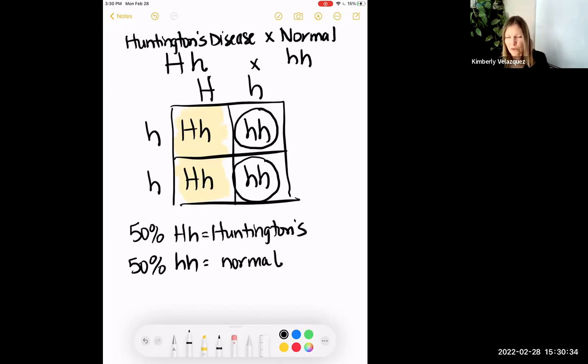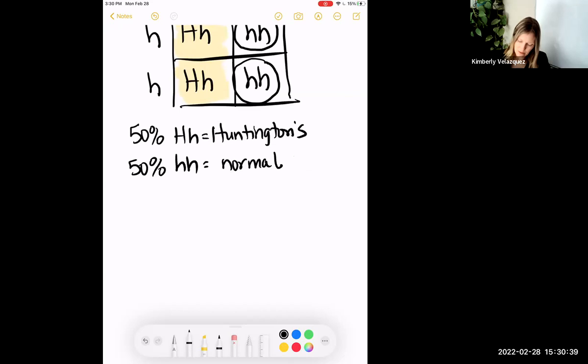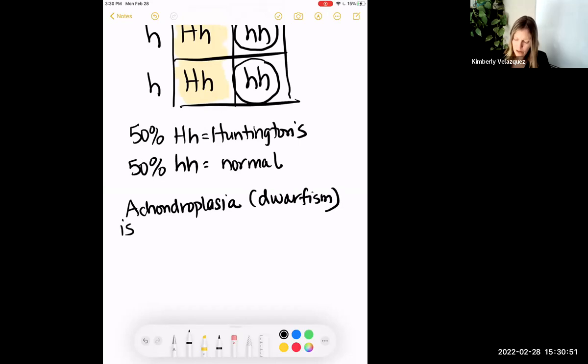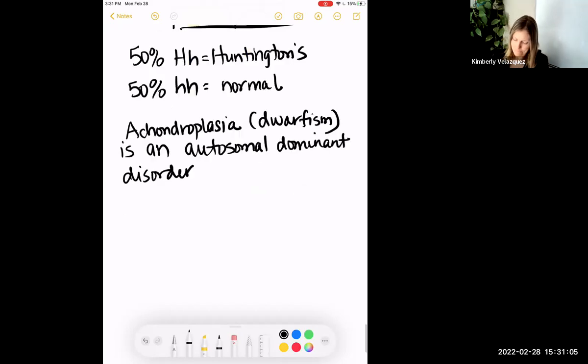Let's do another cross with an autosomal dominant disorder. Achondroplasia, sometimes called dwarfism, is an autosomal dominant disorder. That means disorder is dominant and normal is recessive. Big D is lethal.